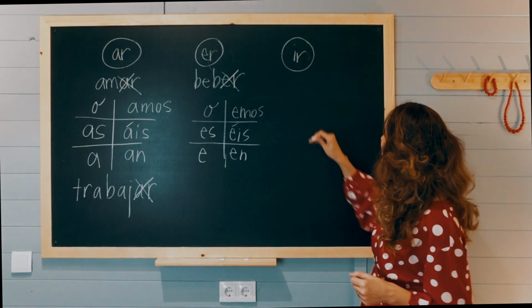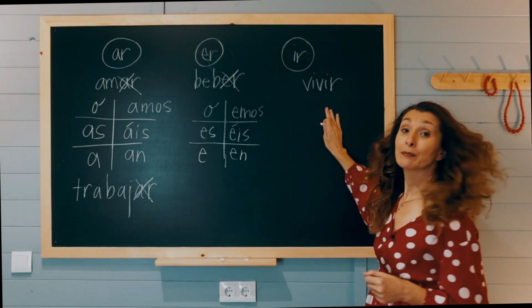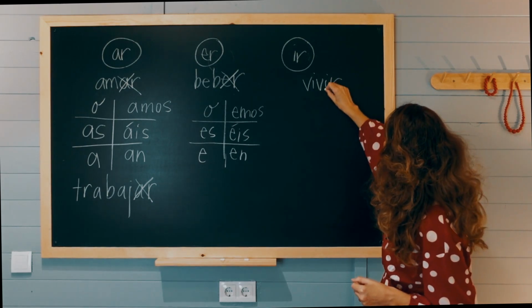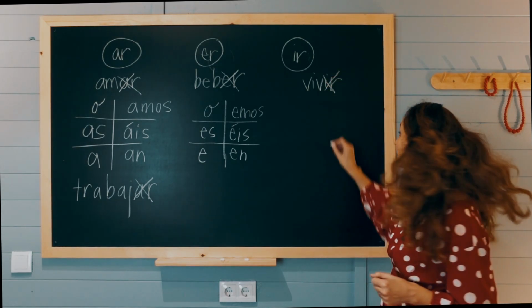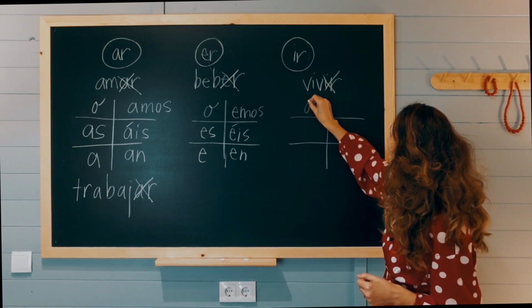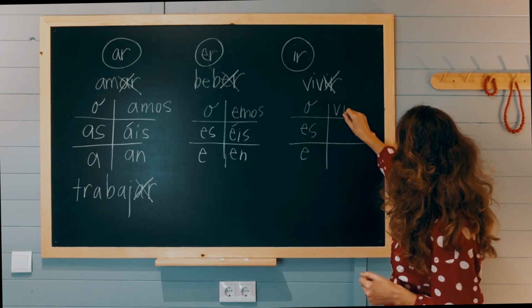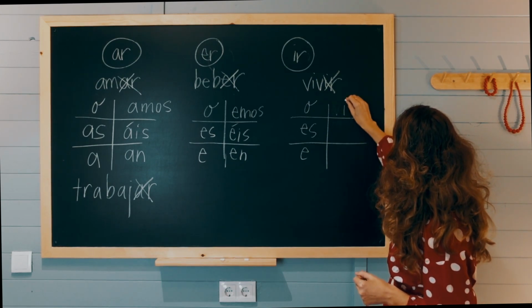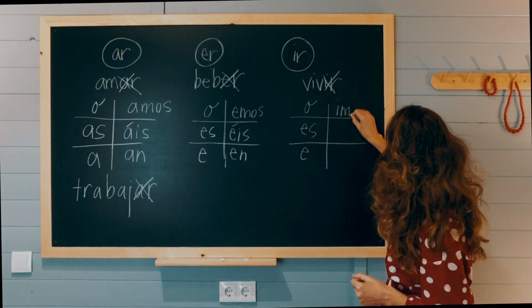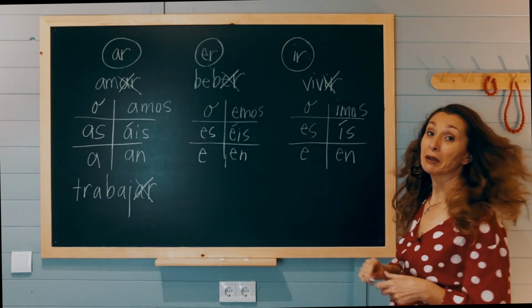Good? Okay, and another one with ir, to live, vivir. Same thing, we get rid of ir and then we start adding new endings. Vivo, vives, vive, vivimos, vivís, viven.